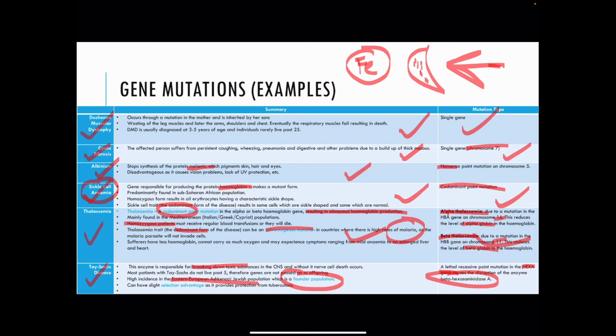Those few individuals that founded that population would have happened to have had many of those alleles within their genomes, and so when they bred with each other, they kind of interbred those recessive alleles into the population. Now again, Tay-Sachs can provide a slight selection advantage, but instead of providing an advantage against malaria, it provides an advantage against another disorder, tuberculosis.